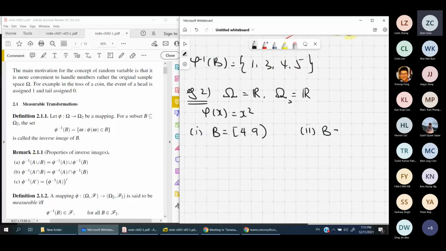And B2 is the interval from negative 10 to 9. Can you identify the pre-image for B1 and B2 under this function phi of x equals x squared?